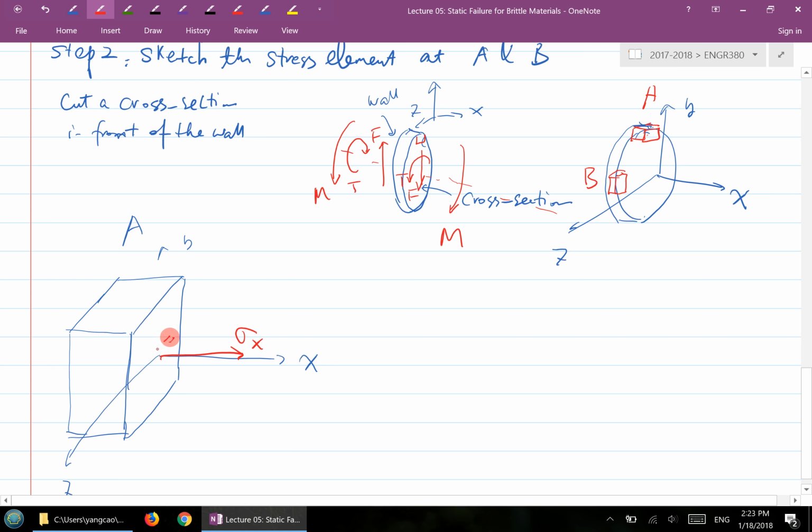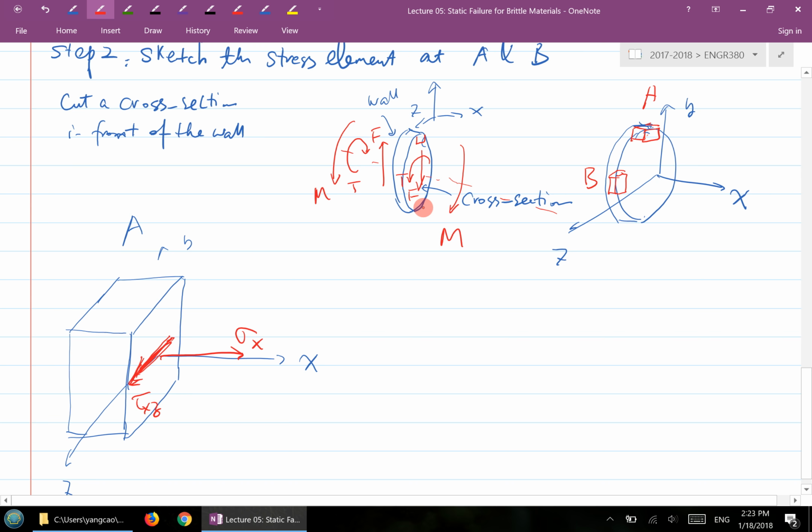Yeah, that's right, Z. So you should draw a direction here. Let's call this tau xz because it is in the xz plane. And that's the result of the stresses from the loadings. There are only 3: 1, 2, 3. That's it.